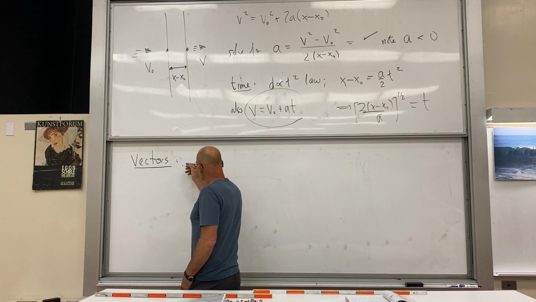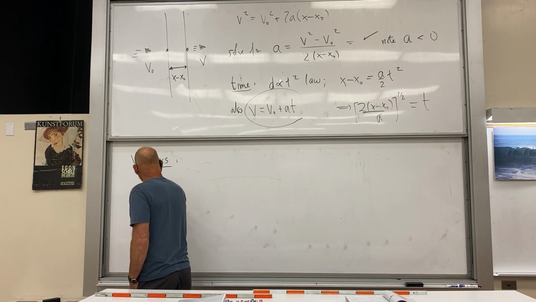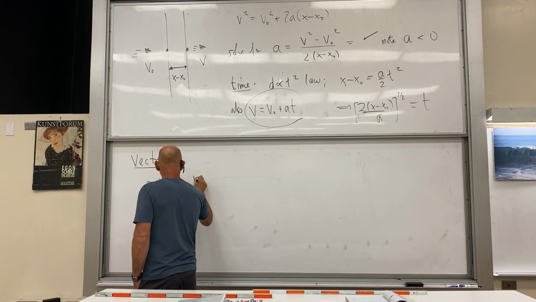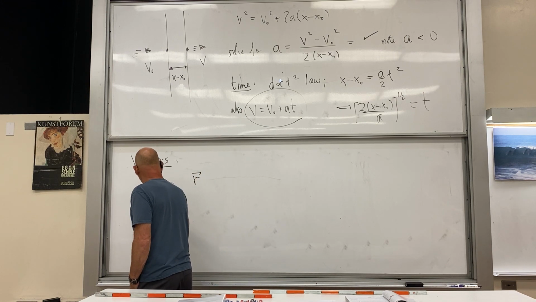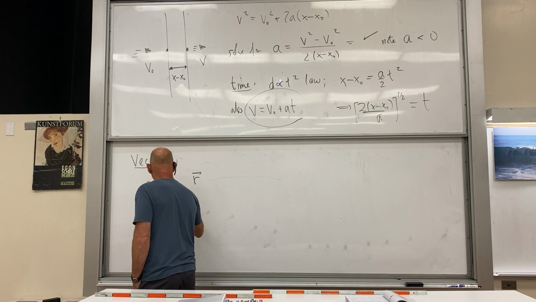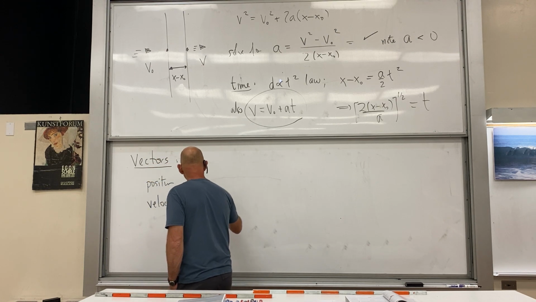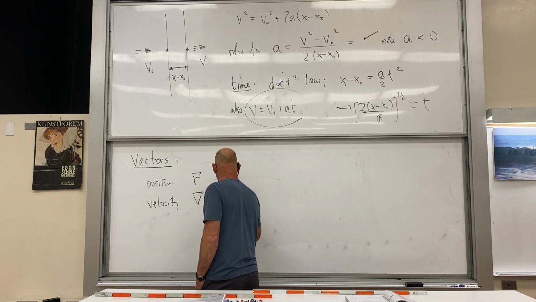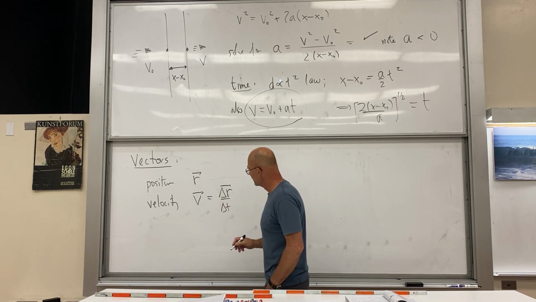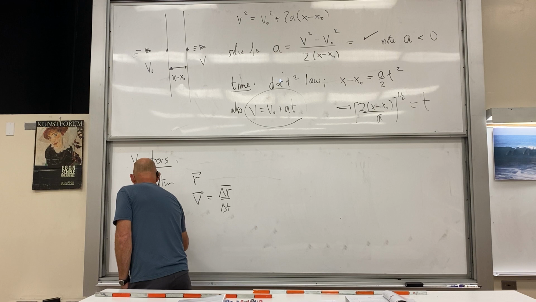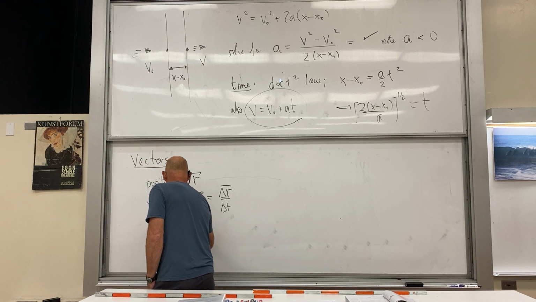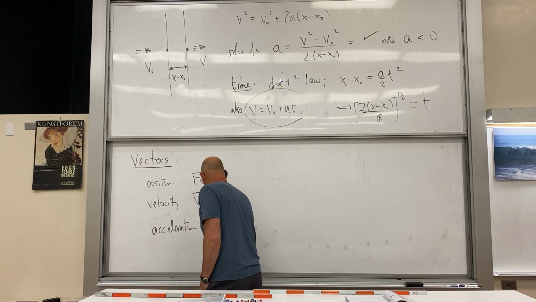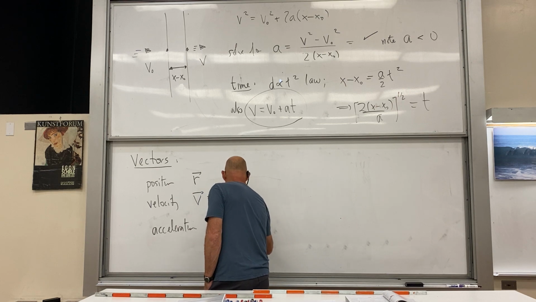But what we did end with was the idea that position is a vector, velocity v equals delta r over delta t is a vector, and acceleration, just by the fact of how they were defined, is delta v over delta t.